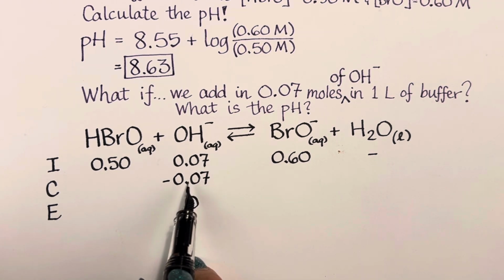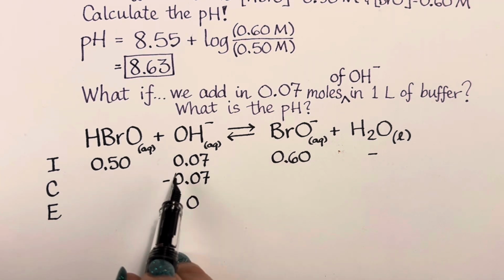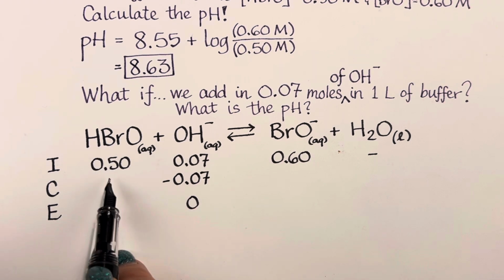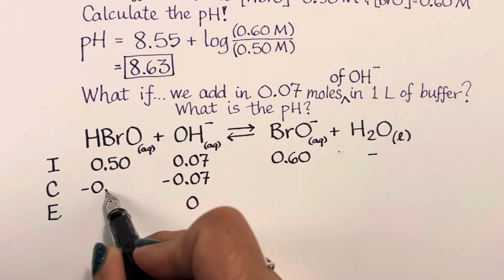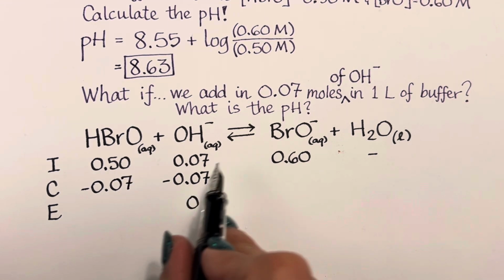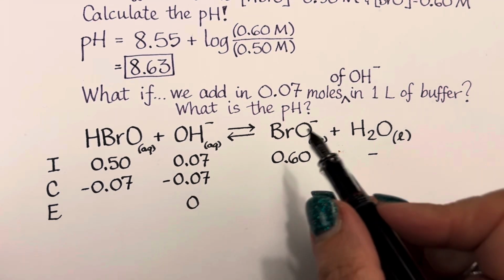From here, you then look at the other reactant. If this is reacting with this weak acid, then this weak acid will also be reduced by that same amount. Meanwhile, the other side of the equilibrium, this is what is being created by virtue of these two reacting together.